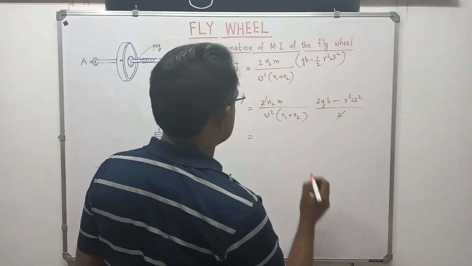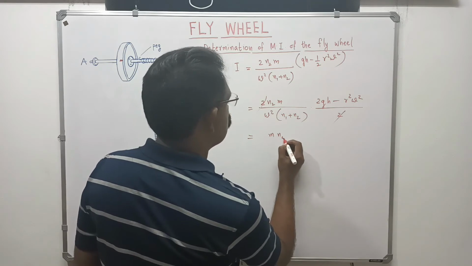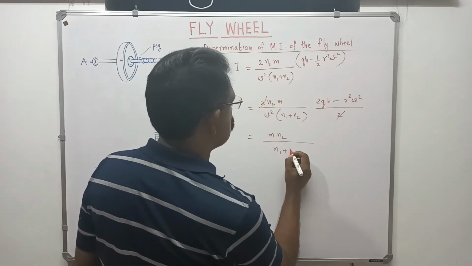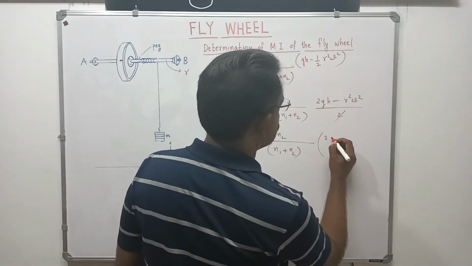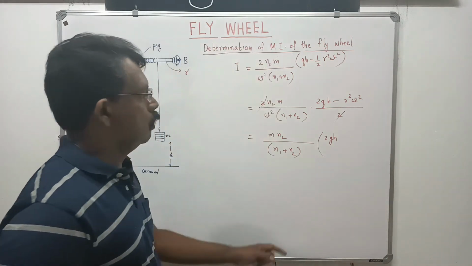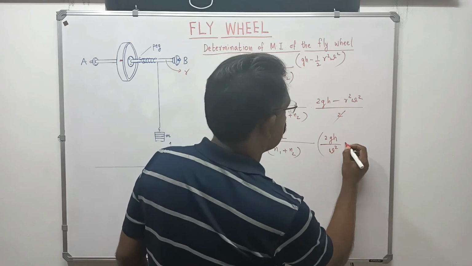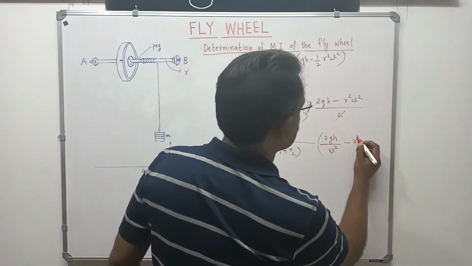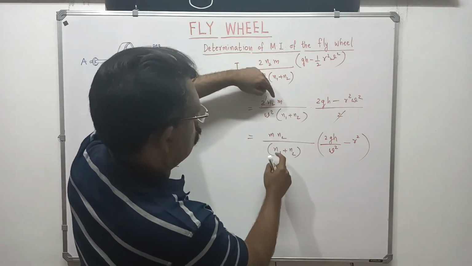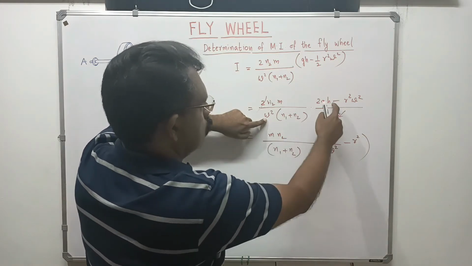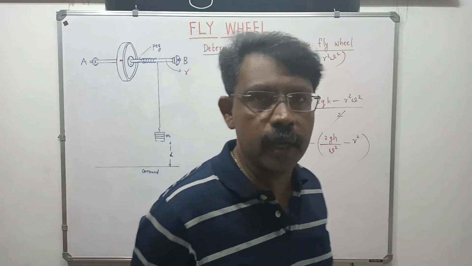So finally we get m n2 by n1 plus n2 into 2gh by omega squared minus r squared omega squared by omega squared, which gets cancelled.